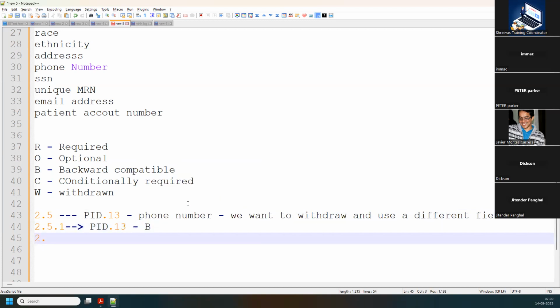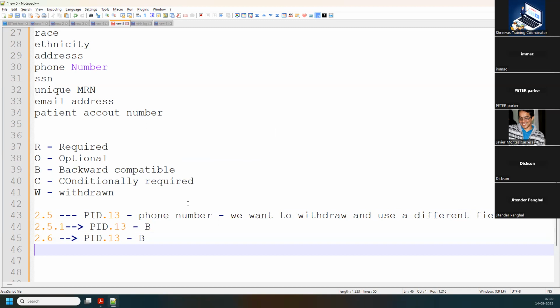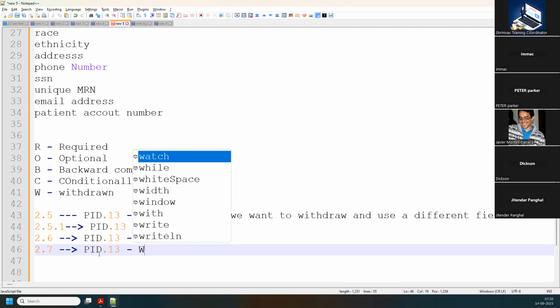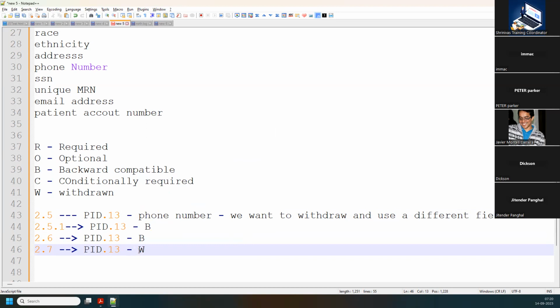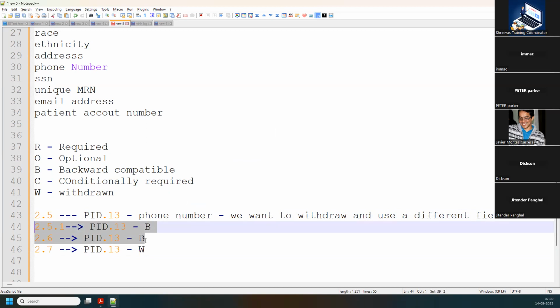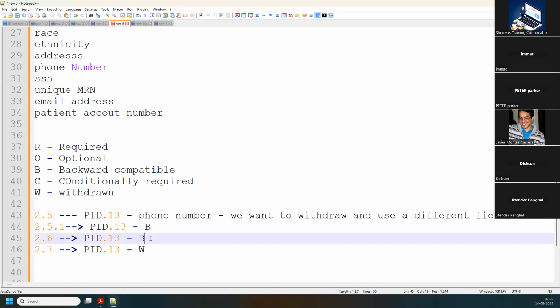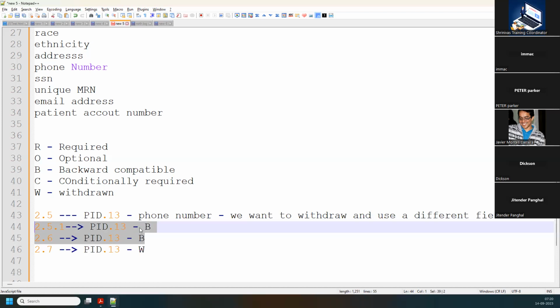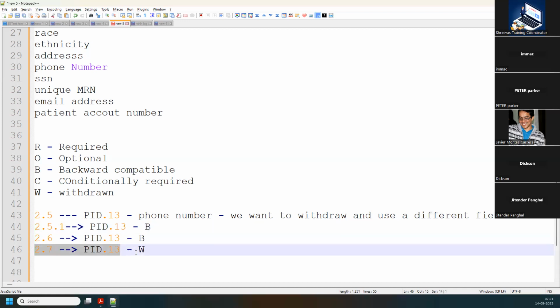In 2.6, they represent PID13 as backward compatible. In 2.7, they represent the PID13 field in the specification document as withdrawn. So before withdrawing a certain field, HL7 says that there will be two intermittent versions where the field will be displayed as backward compatible. If you are using these versions, you can still use PID13 for your phone number. But if you're using version 2.7, you are not supposed to use PID13 because that's a withdrawn field.